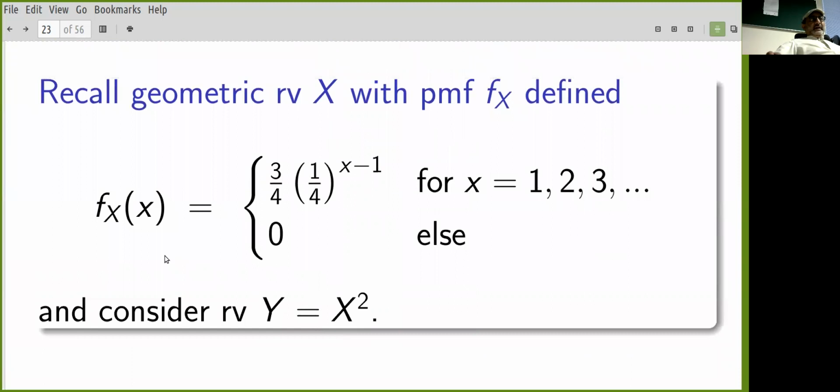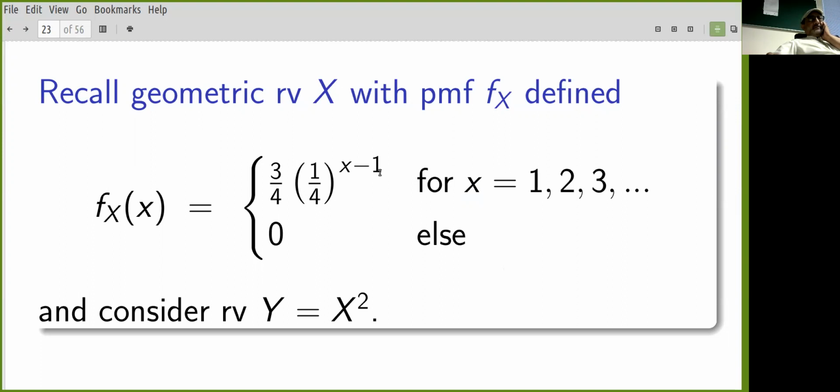Okay, we've already seen this. So f sub x of x equals 3/4 times 1/4 to the x minus 1 for x equals 1, 2, 3, and so on. Now, what's f sub y of y? Well, the values of y would be equal to 1 squared, 2 squared, and 3 squared, and they appear with probability 3/4 times 1/4 to the x minus 1.